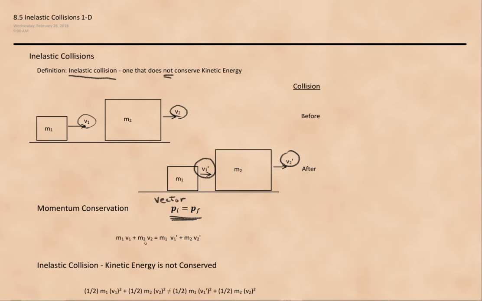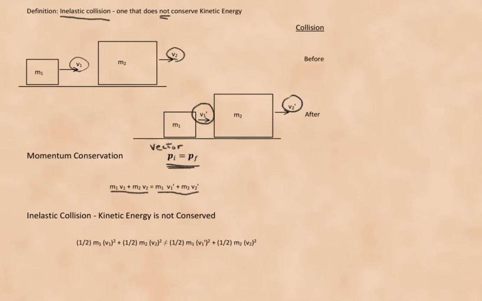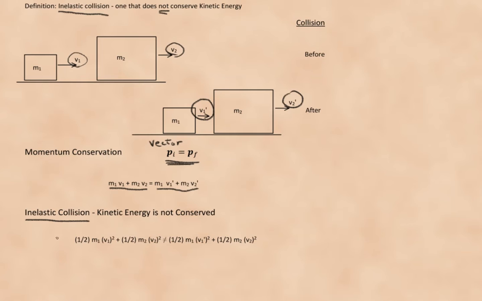So we have momentum conservation. Initial momentum of the system before the collision equals the final momentum of the system after the collision. Because it is an inelastic collision, kinetic energy is not conserved, which means the kinetic energy before the collision does not equal the kinetic energy after the collision.